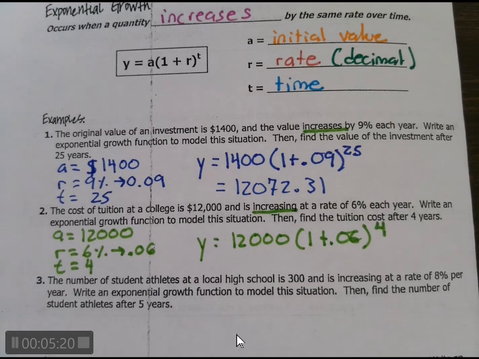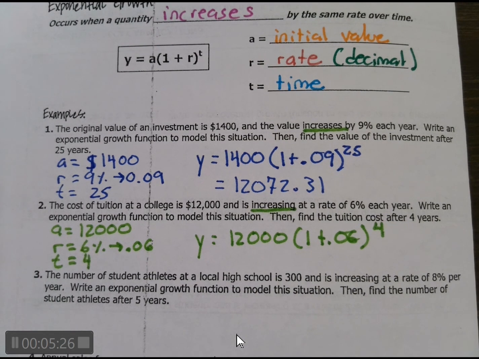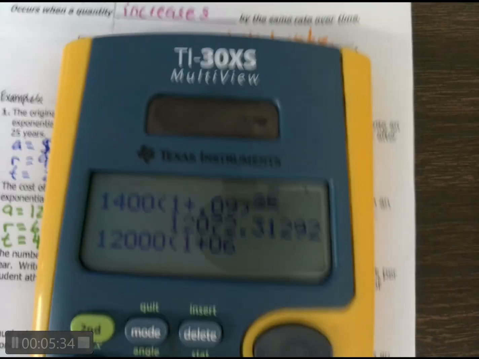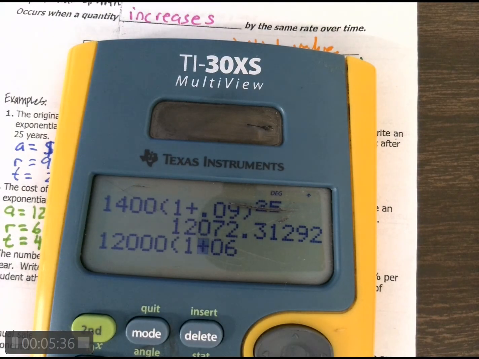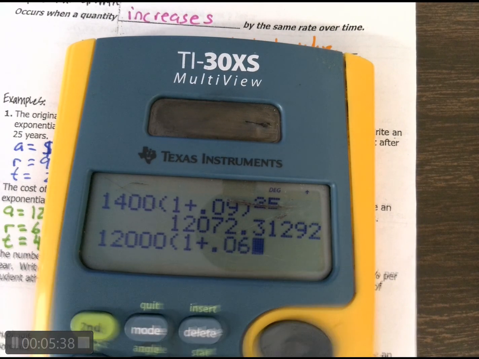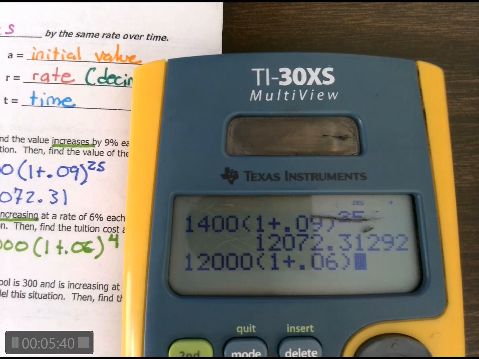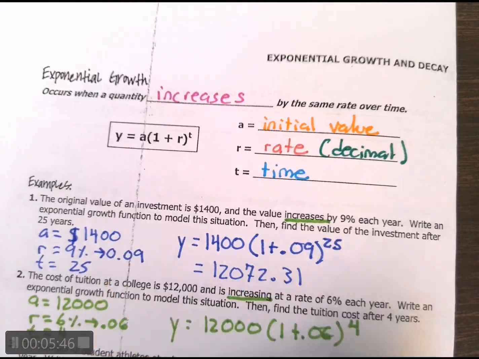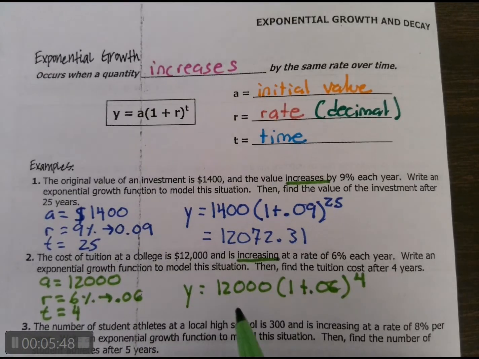And then you will just type that into your calculator and tell me what you get. I'm actually typing it in myself. I will show you. 0.06, and then to the fourth, which will give us that amount. And so then we're just going to write it here.